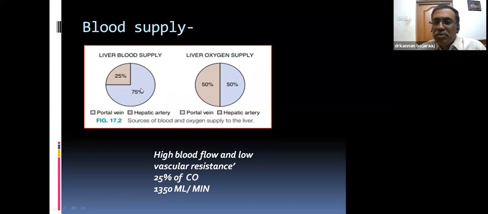If there is portal hypertension, with increased venous resistance, blood flow to the systemic component is very much reduced, and the liver is mainly dependent on the hepatic arterial supply of 25%.